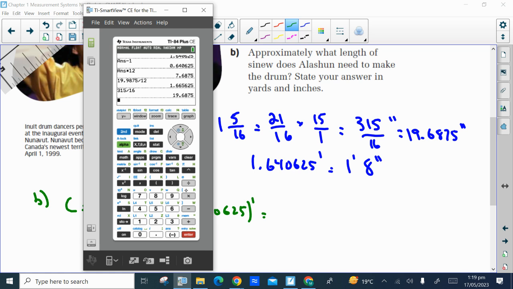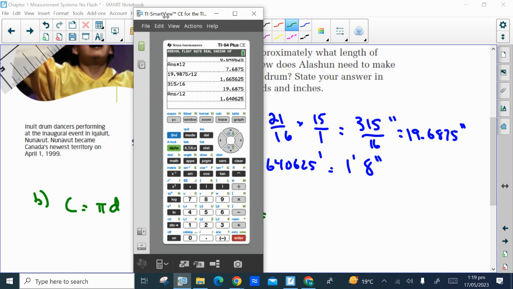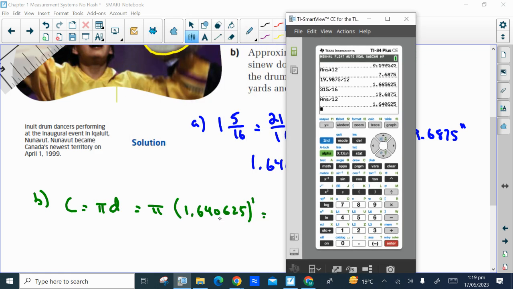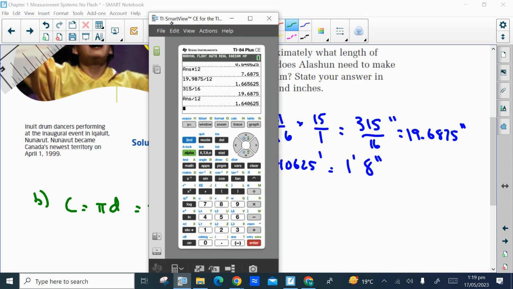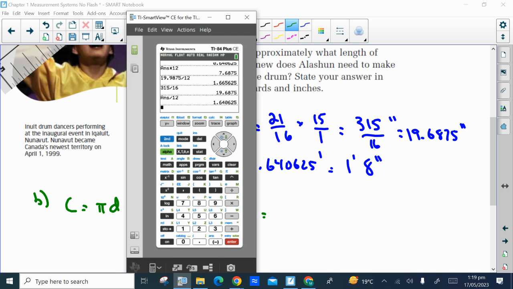So that was inches, and then we divided it by 12 to put it into feet. I reversed these digits.